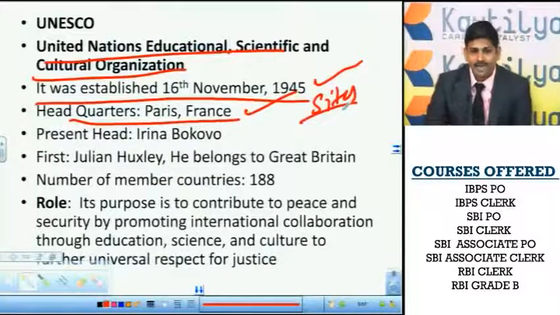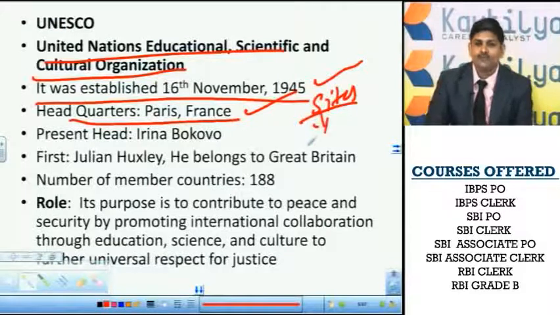It selects sites which have either cultural or historical importance, and all those sites will be preserved by this organization.